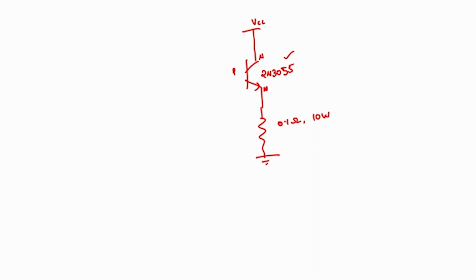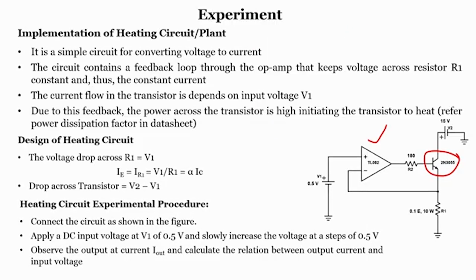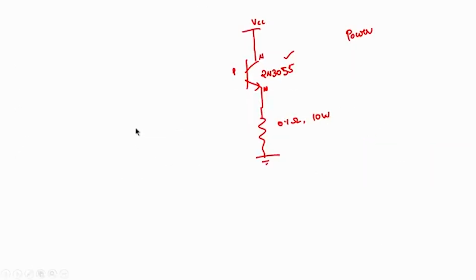In this application, in order to generate heat, one important parameter is power. When you look into the data sheet, you will understand the amount of power dissipated; the amount of heat dissipated depends upon the power dissipation factor, which you can get in the data sheet. Higher the power, higher the withstand capability of your transistor.